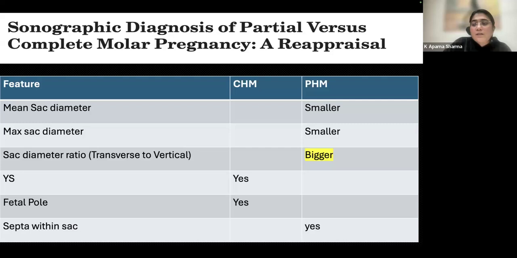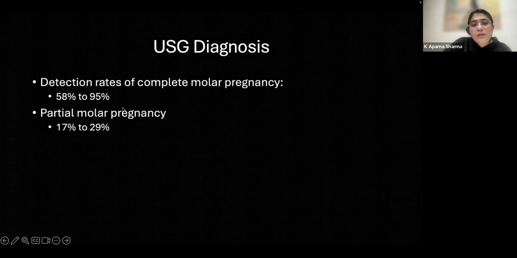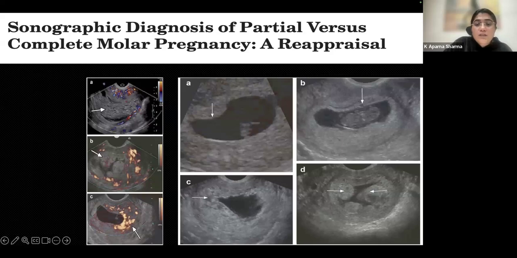Yeah. So I think it is surprising that we keep missing the diagnosis of even a complete molar pregnancy in up to 50% of the cases sometimes. And it's sometimes a histopathological diagnosis, and partial mole is even more missed, in up to 10 to 90% of the cases. And there have been certain signs which have been suggested that if there are significant cystic changes in the placenta, it is more like a partial mole.